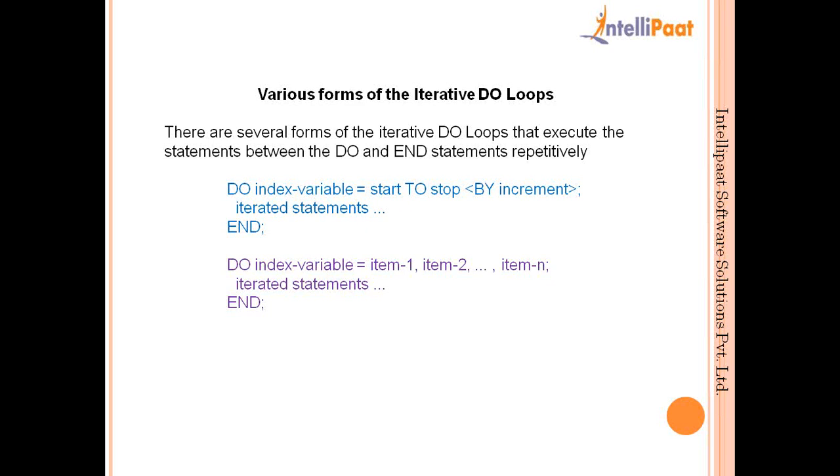So if you have an array, you can just write do index variable is equal to your array name, and it will run for all of those items collected or mentioned in that array. And again, whatever action you want to be taken needs to be written between the do and end statements.